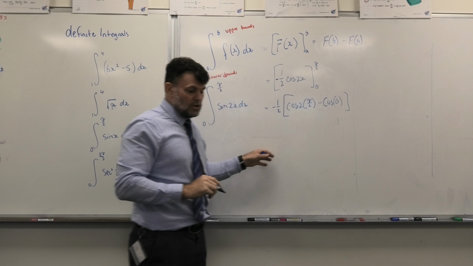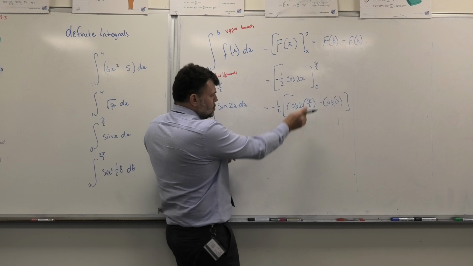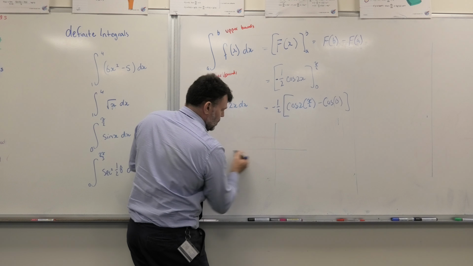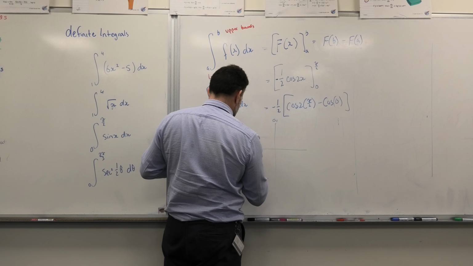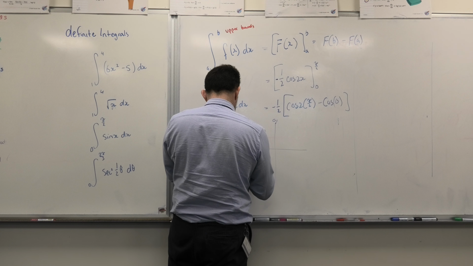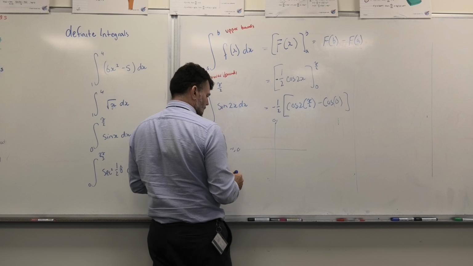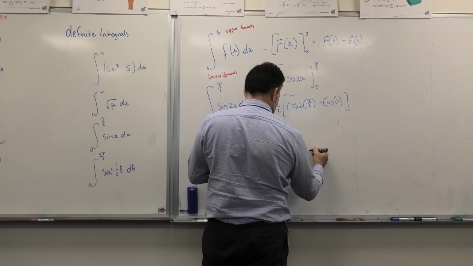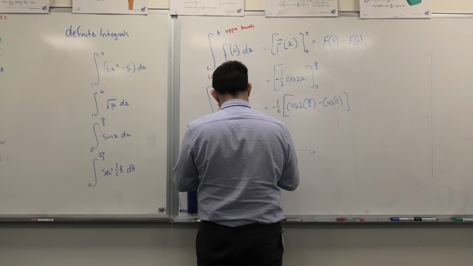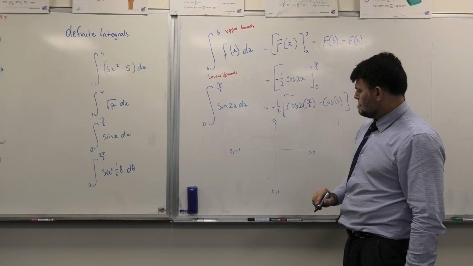Now, if we think about our unit circle in this case, cos 2 times pi on 2, well, these two would cancel out, so I'll just get cos pi. And cos pi, when we think of our unit circle, we've got 0, 1, negative 1, 0, and 0, negative 1.